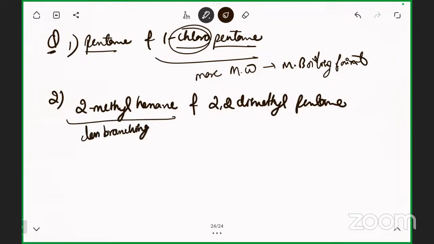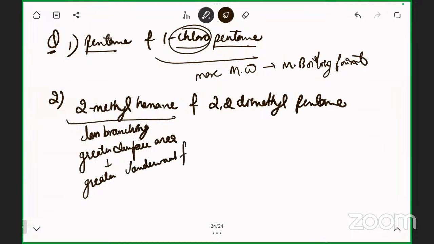And if less branching, it means greater surface area. And if greater surface area, it means greater van der Waals force of attraction and then more boiling point. More boiling point. Clear? Okay.